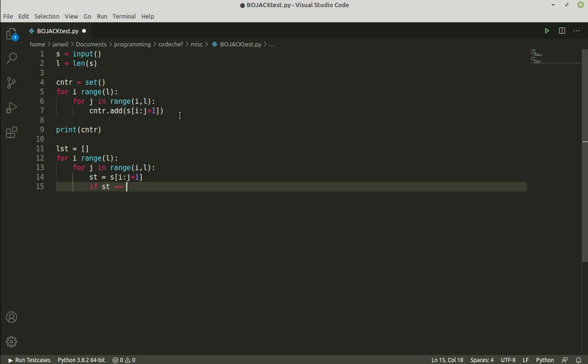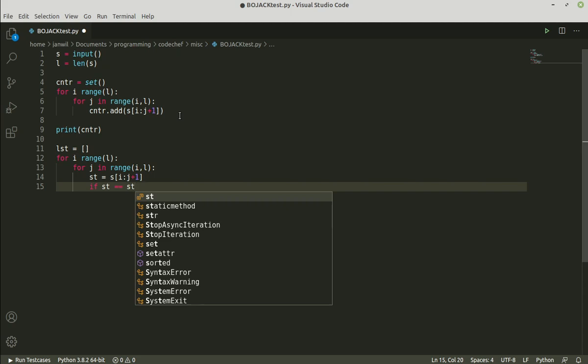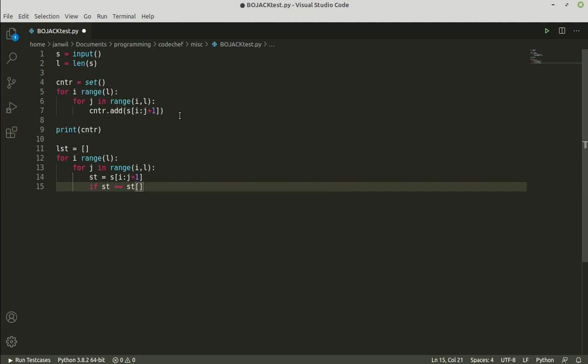is equal to st reversed, and Python provides us with a very nice shorthand for reversing a string. So this -1 basically says that we go backwards through the string, and that we do not specify starting and ending points.